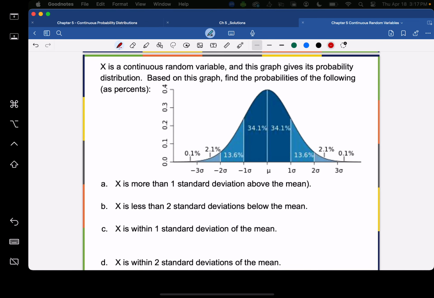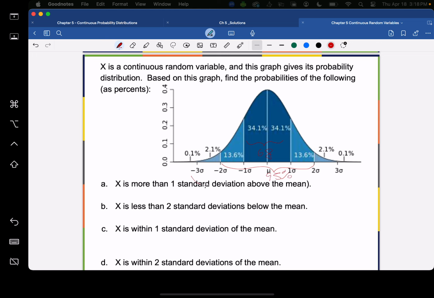So now I think we are ready for question 8 on your activity sheet. X is a continuous random variable. Now this is the empirical rule, just illustrated slightly differently. See how this is 68% right here? And then if we added 13.6 plus 34.1, and then added that again, so this is 68%, this adds up to about 95%.